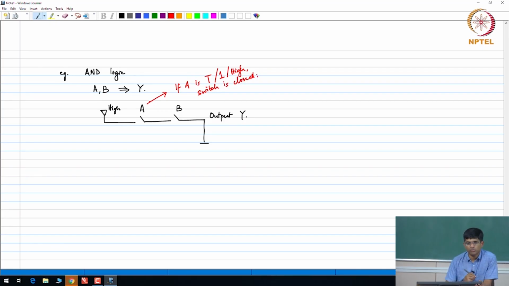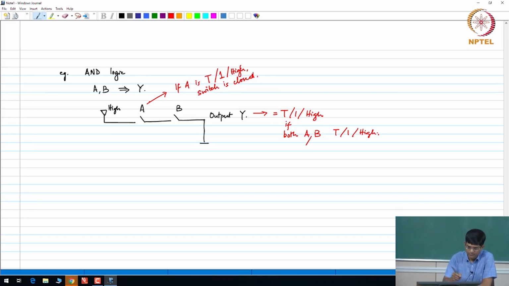So what would that mean if both A and B are high? It would mean that the output Y would be true or 1 or high if both A and B are true or 1 or high.